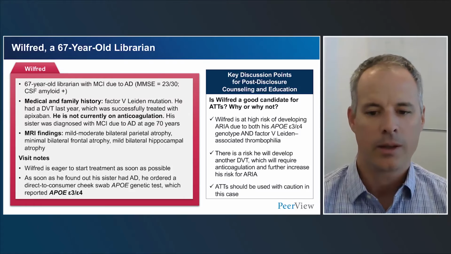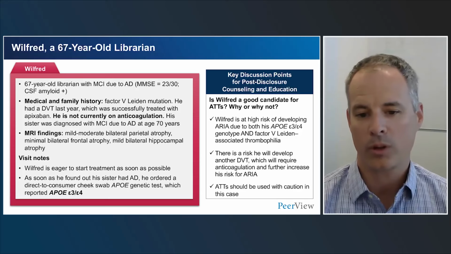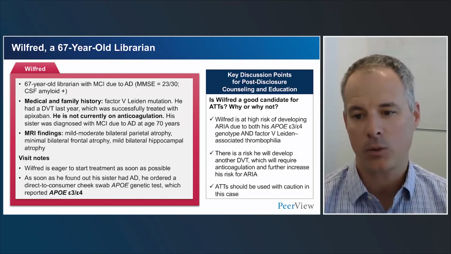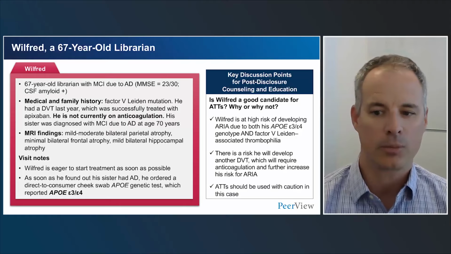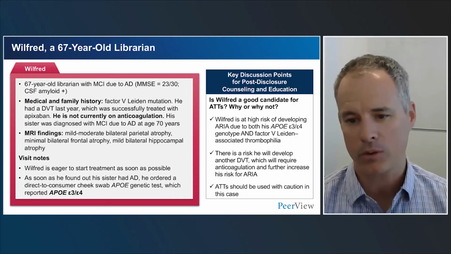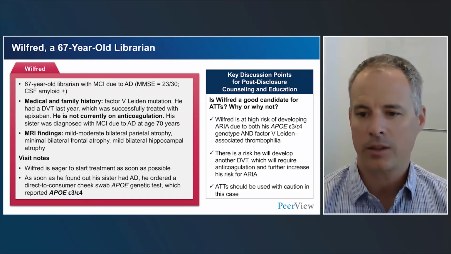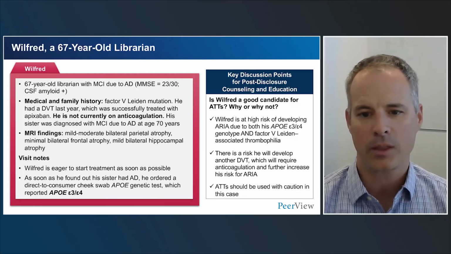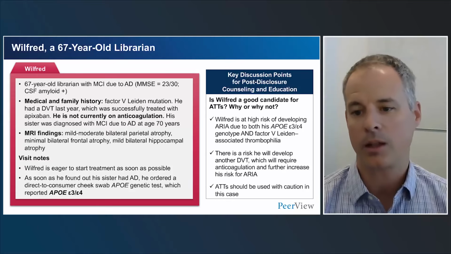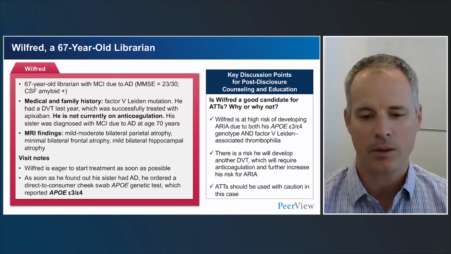But I think more importantly, there's this risk that he will get another DVT, and then he'll have to be anticoagulated after he's been treated with anti-amyloid antibodies, either during the treatment or afterwards. And so that's something that I think he would need to discuss with his hematologist to see what is the risk of that.